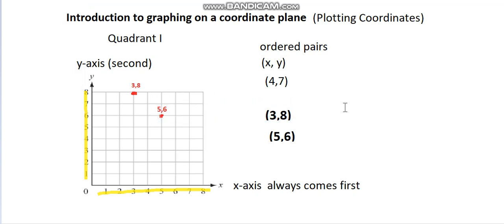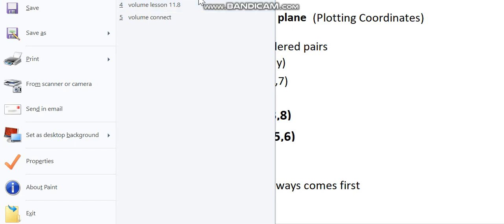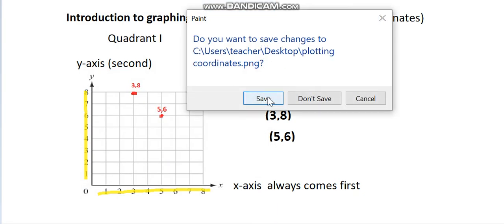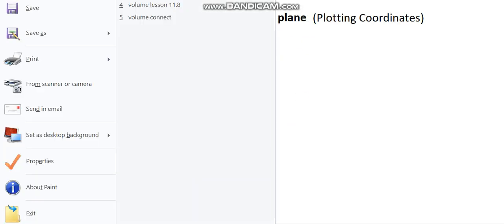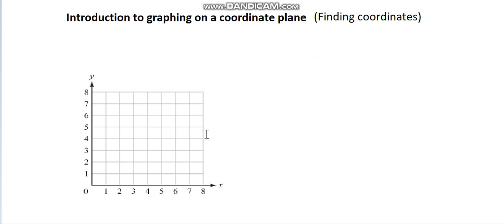So this is how you go about plotting ordered pairs on a coordinate plane. Now what I want to do is just quickly show you how we use exactly the same idea, but in reverse.